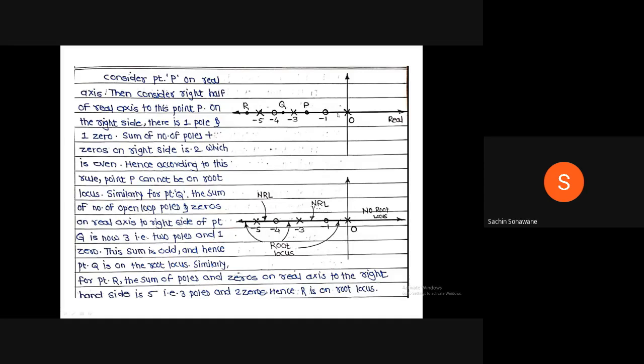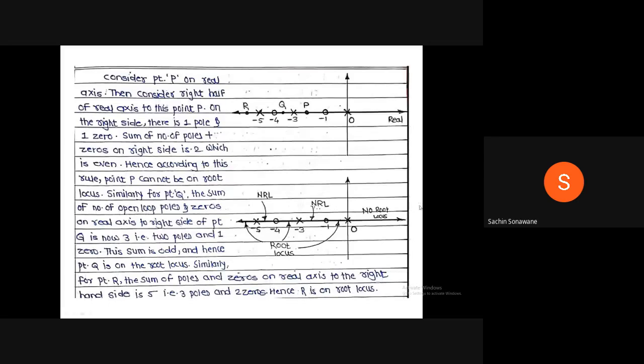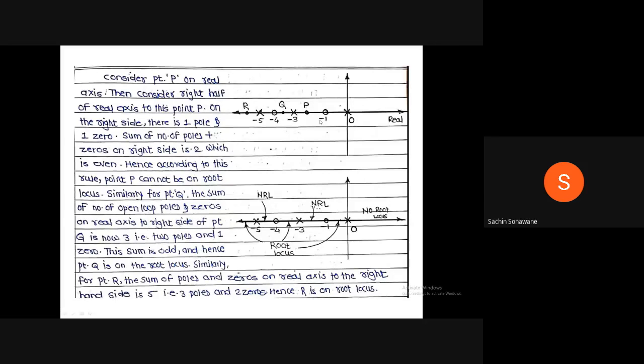Always remember, poles are represented by a cross and zeros are represented by a circle. So the crosses are at 0, minus 3, minus 5, and s is equal to minus 1 and s is equal to minus 4, where these circles are. Now, how to identify where the root locus region lies on the real axis?